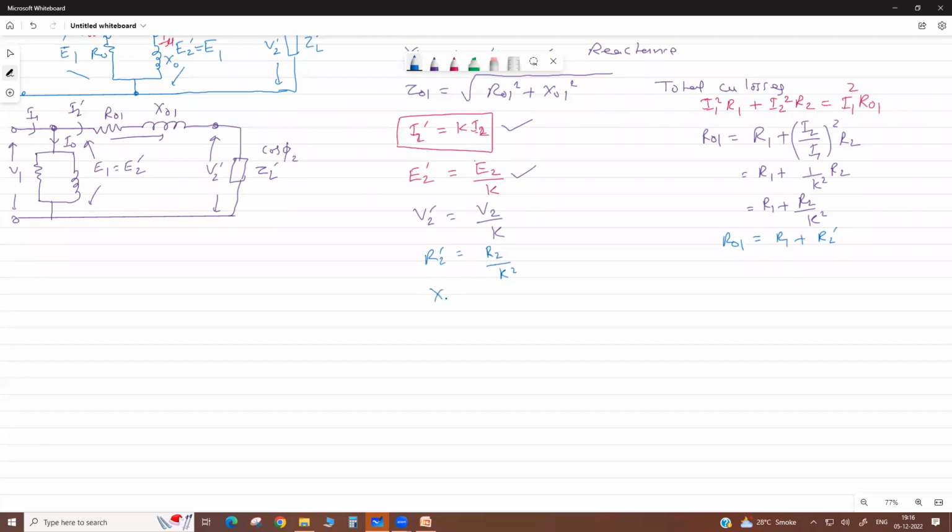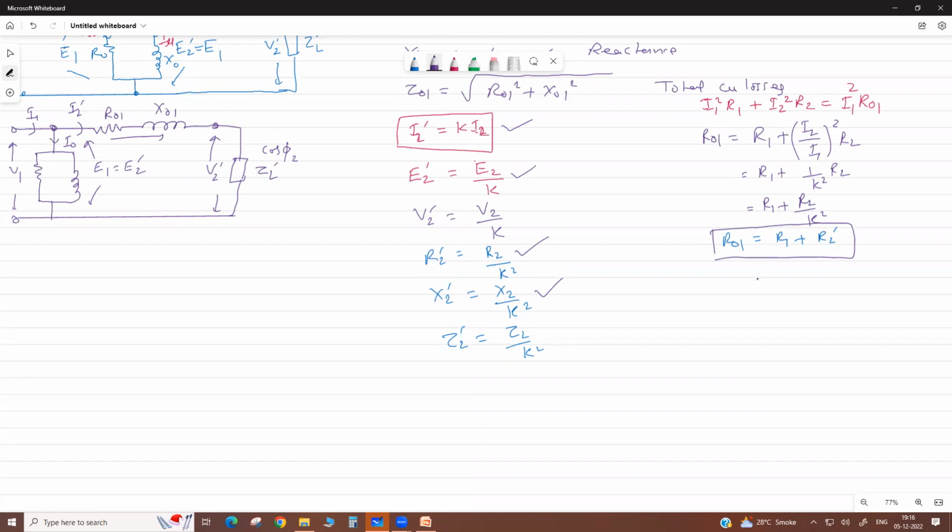Same like your reactance: X2 dash is X2 by K square, and Z2 dash equals Z2 by K square. Any doubt here? These things are required when you calculate regulation, so this is how we convert R2 dash and X2 dash.